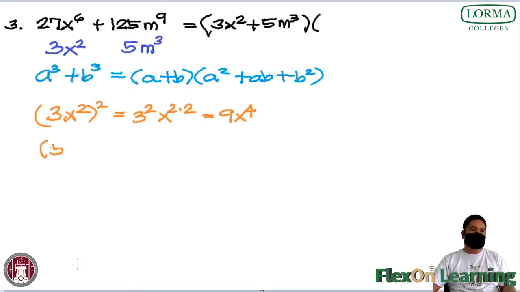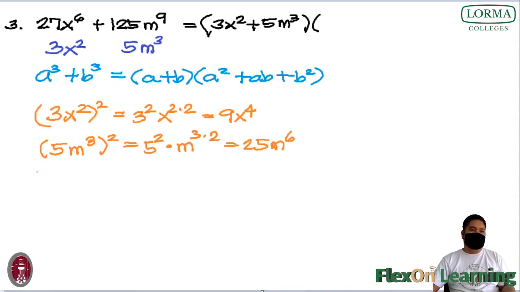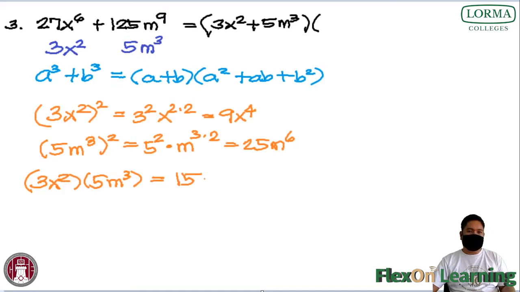On the other side, we have 5m cubed squared, that is 5 squared times m to the 3 times 2, so that would be 25m6. Then the product, 3x squared times 5m cubed, so 3 times 5 would be 15. Then the two letters don't mix up, so just arrange them alphabetically. That would be m cubed x squared.